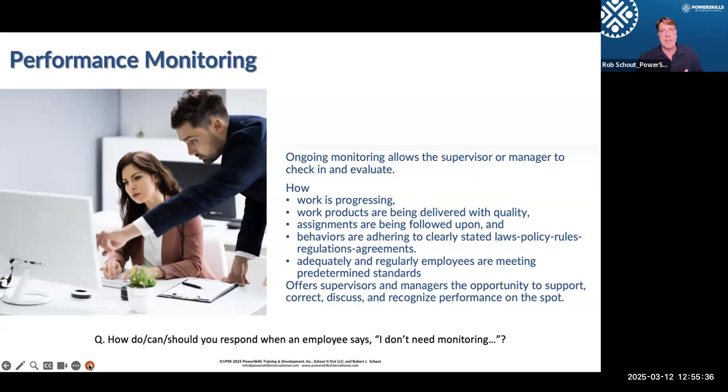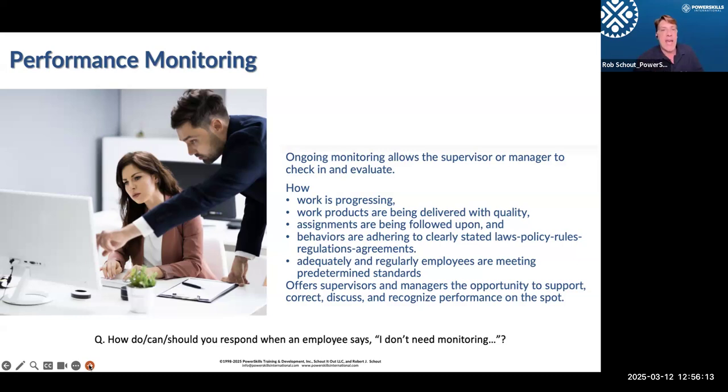So when we're monitoring as supervisors or managers, we're monitoring how work is progressing. We're monitoring work products, and are they being delivered and delivered with quality? We're monitoring individual assignments and where people are at in their scheduling or the prioritization of those assignments, or maybe the planning for those assignments. But we're also monitoring behaviors so that people can work well together, or demonstrate professionalism, or represent the organization the way it needs to be represented while they are engaging in their work.